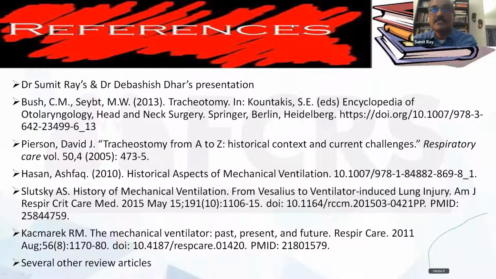The other thing which is important is that at a certain point of time in history, the mention of tracheostomy appears in the Egyptian civilization, the Indian civilization, and the Greek civilization, happening parallelly.